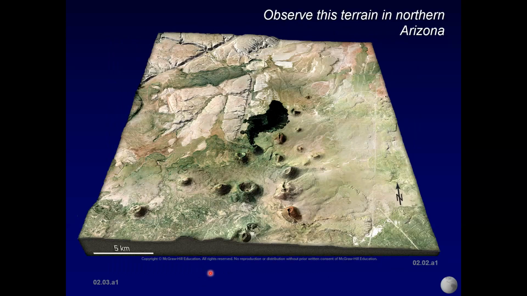Look at this terrain in northern Arizona. So this dark gray black feature that I'm outlining is a lava flow emanating from the SP crater, which is a small volcano. These adjacent hills are also small volcanoes.